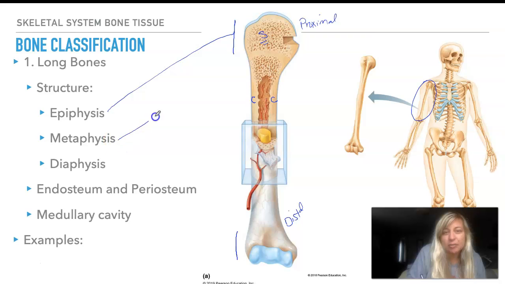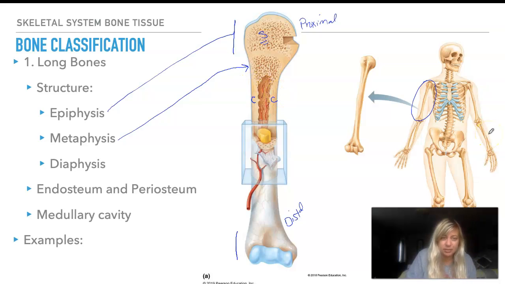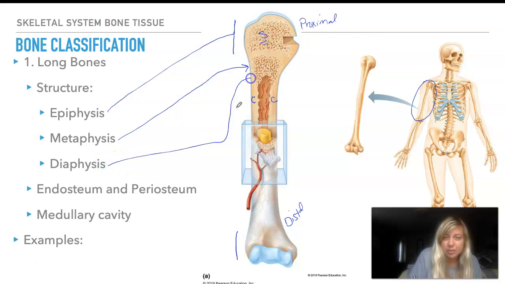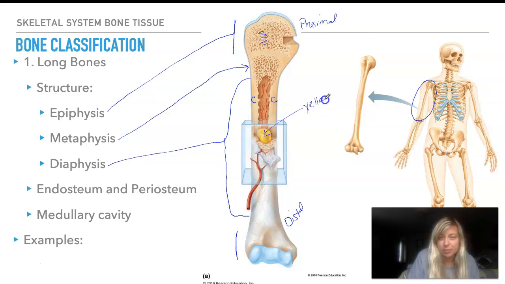The neck area of the bone, where it begins to narrow, is called the metaphysis. Meta means middle, and then the diaphysis is the shaft, the long, skinny part of the bone. It has the medullary cavity, which in an adult contains yellow marrow.